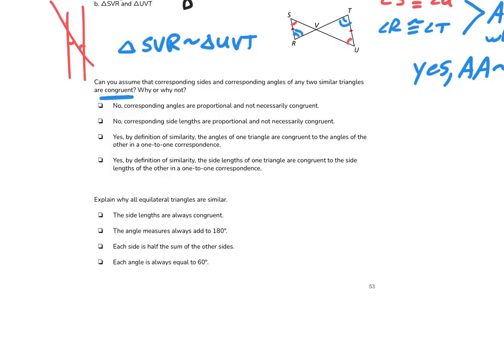What did we just say about the angles? The angles are what? Congruent, right? So the angles are not proportional, the angles are congruent. So that one does not make sense. The only one that makes sense is the second one, part B, or whatever you want to call it. It's not really labeled. The corresponding lengths are proportional, but not necessarily congruent. Sides have the same ratio, but they are not necessarily congruent.